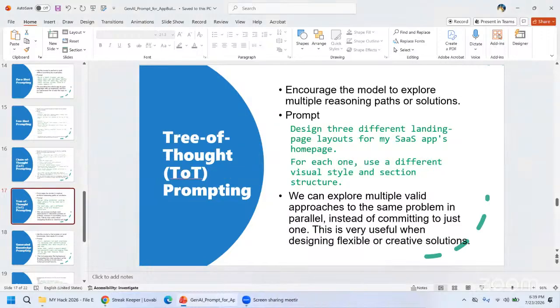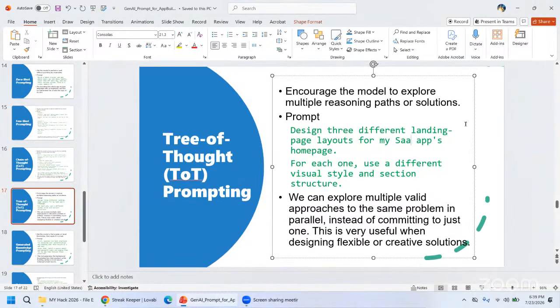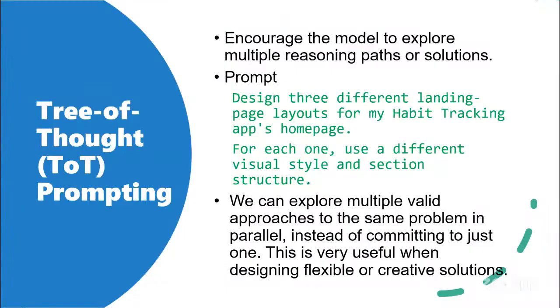It says software as a service, but we'll say from my habit tracking app's homepage. And then we might do some A/B testing. We might dynamically show one page to a group of users, or based on the time of the day, and then another page to a different group of users, and see which one has more engagement, right?